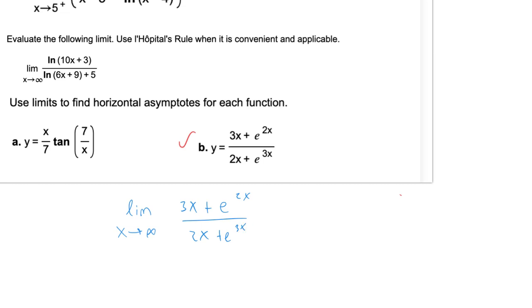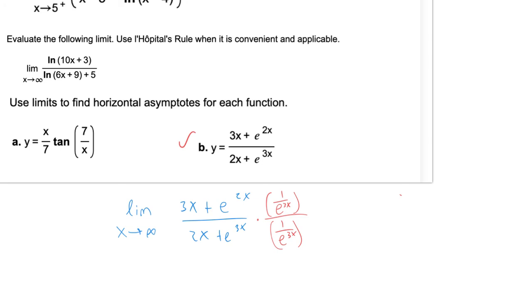Basically multiplying the top and bottom by 1 over e to the 3x, because that might simplify things down in a way that works for us. Because at the very least, it's going to turn this thing into a 1. So in other words, multiply the top and bottom by some kind of a fraction that would force one of these guys to become 1, and therefore I'm choosing this larger exponent of 3x.